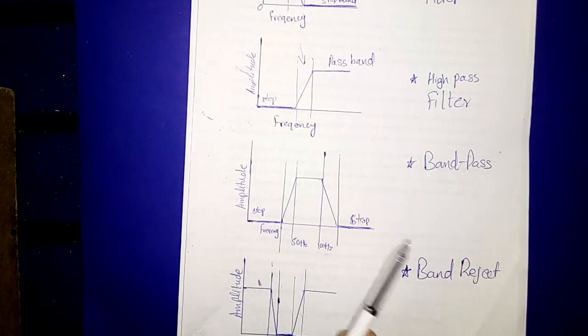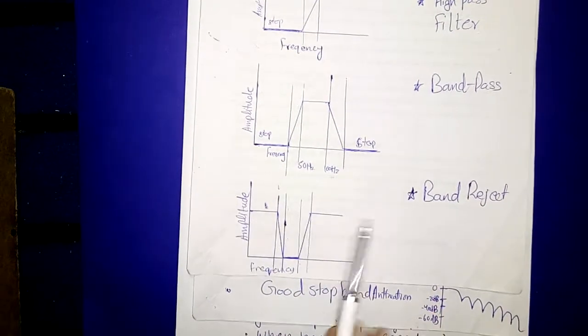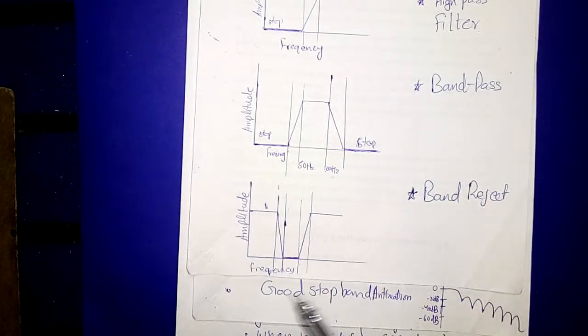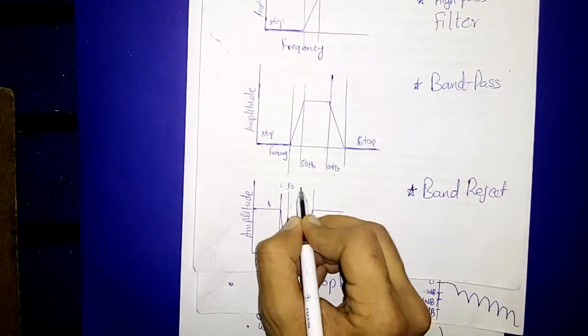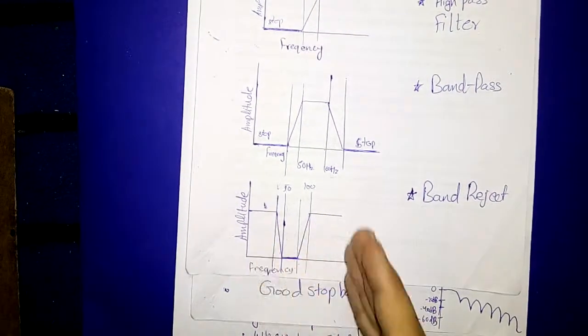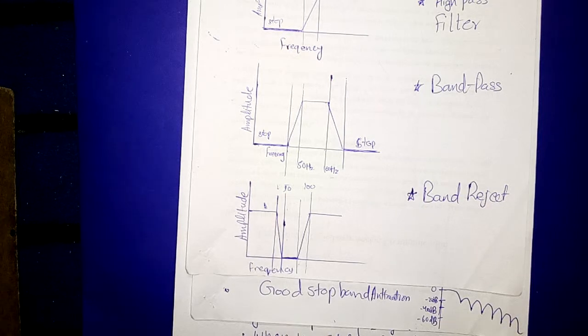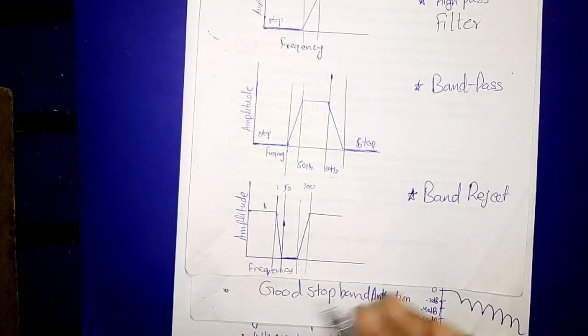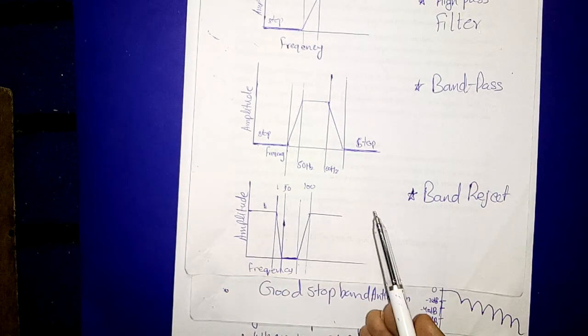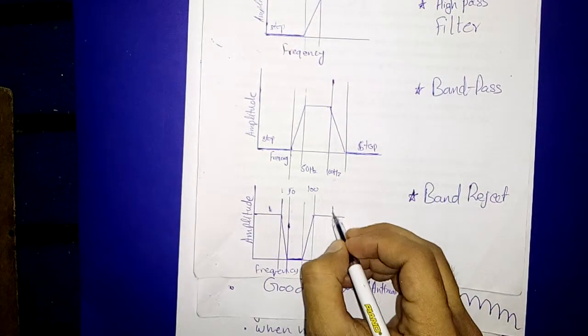So the next thing is the band reject filter. It is just the opposite of the band pass. It blocks the given amount of frequencies. For example, if we want to block 50 to 100, then it will block the required frequencies and allow the lower and the higher frequencies to pass. This is the pass band.